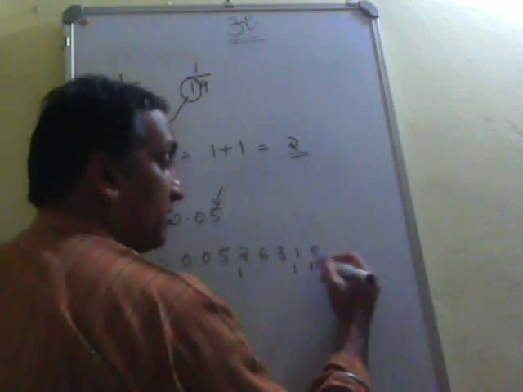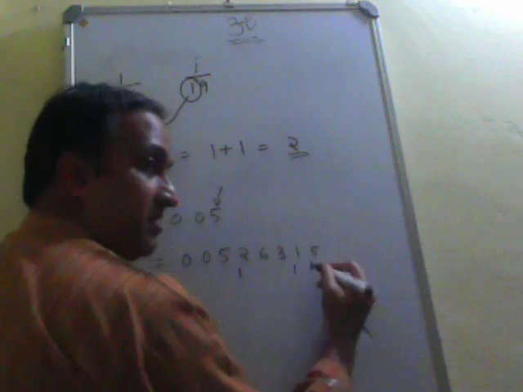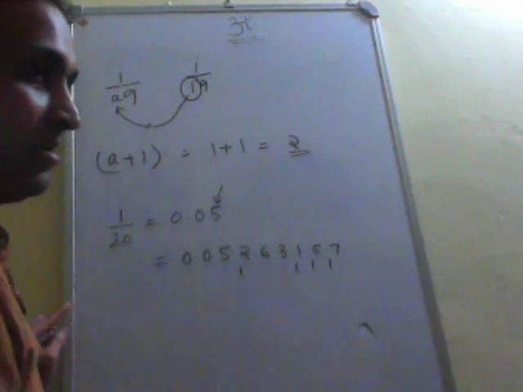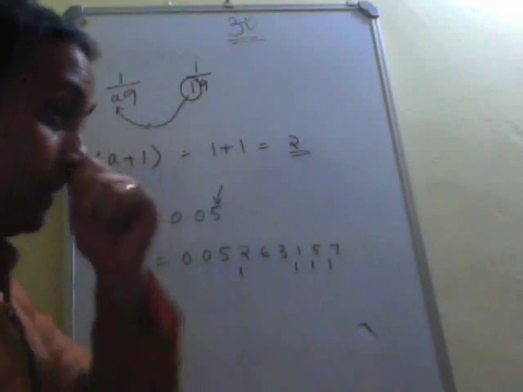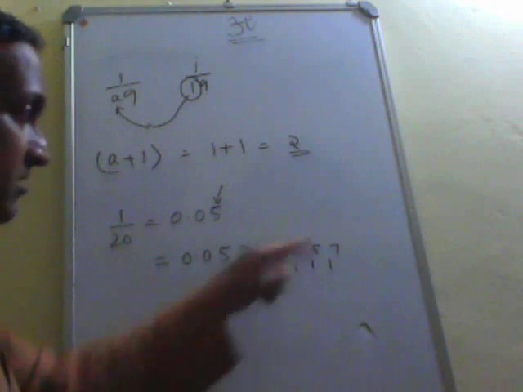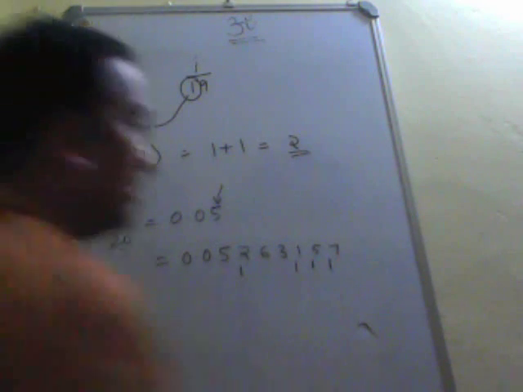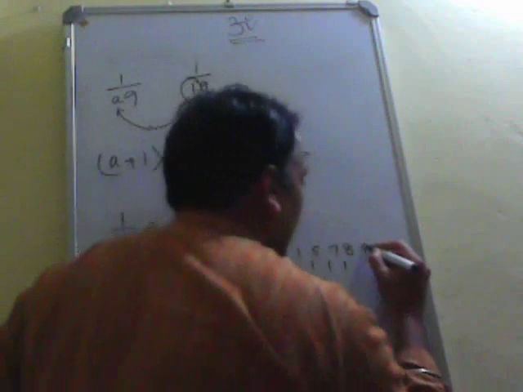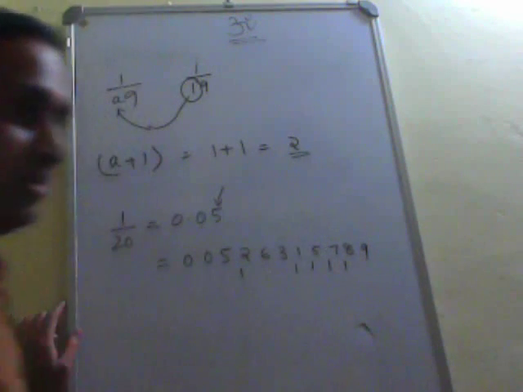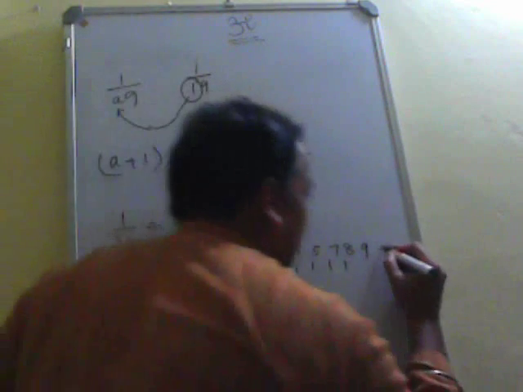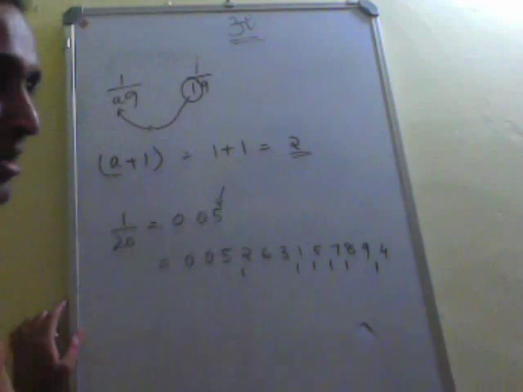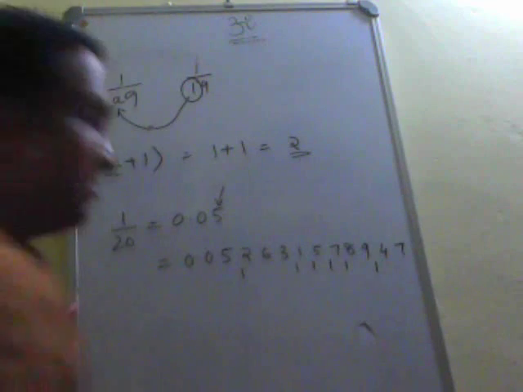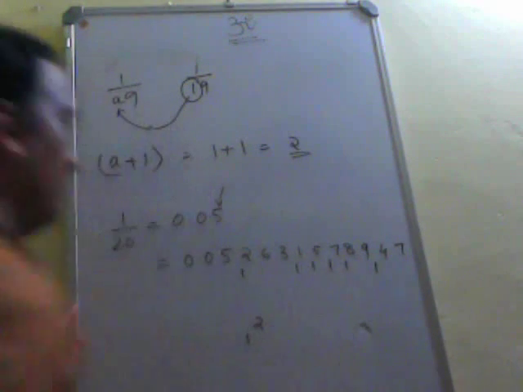Then 15, that is 7 remainder 1. 17 is 8 remainder 1. 18 is 9, remainder 0. 9 divided by 2 is 4 remainder 1. 14 is 7, remainder 0. 7 is 3 remainder 1.